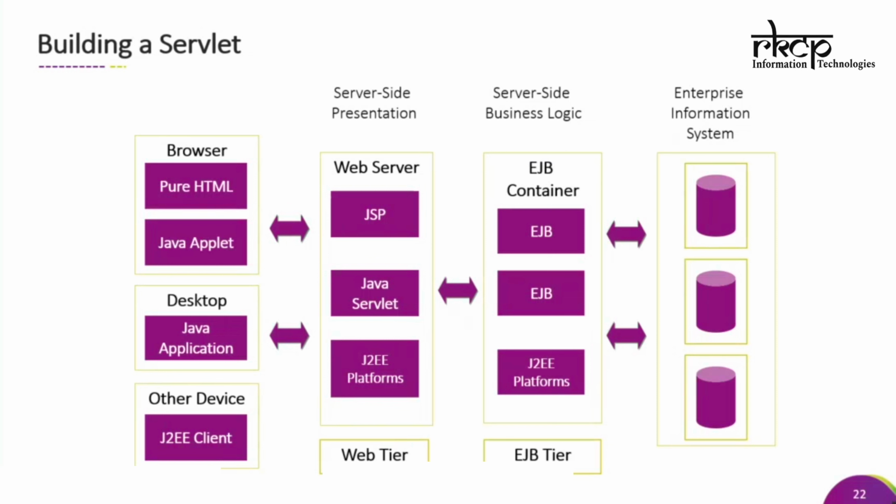This is out of the scope of this training. You only have to learn JSP and servlet in this training. Using JSP and servlet only, we will interact with the database, and after that we will get the result. But this is one broader architecture of your servlet.